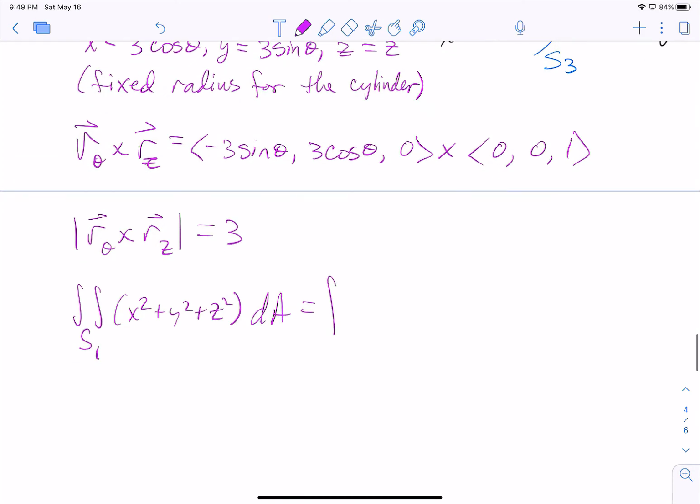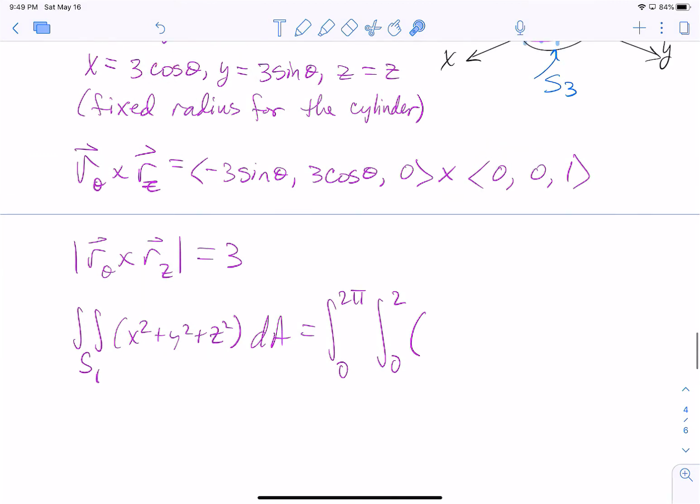So our integral is the integral from 0 to 2 pi of the integral from 0 to 2 of x squared plus y squared plus z squared. Well, x squared plus y squared is equal to 9, so we have 9 plus z squared. For dS, we have 3 dz d theta. You can confirm this evaluates to 124 pi.